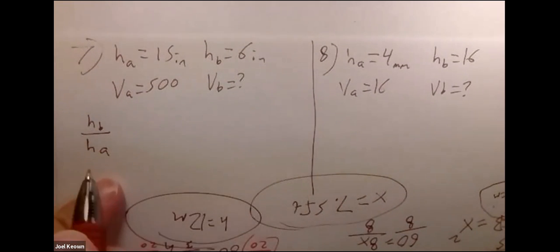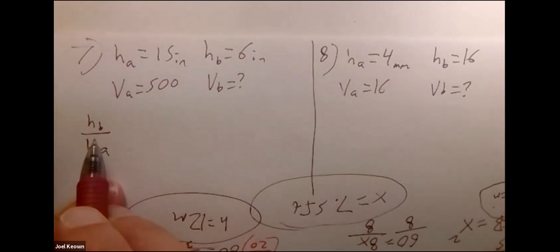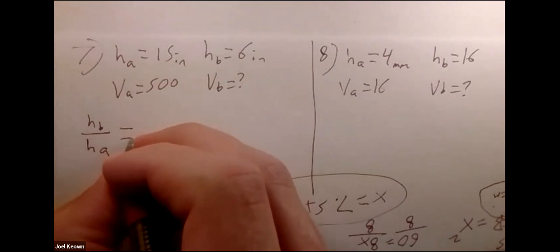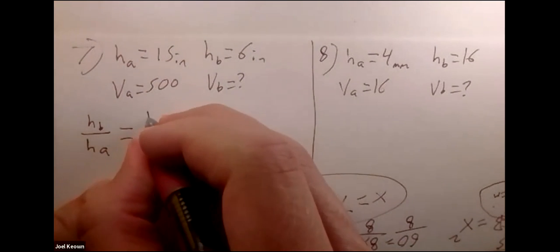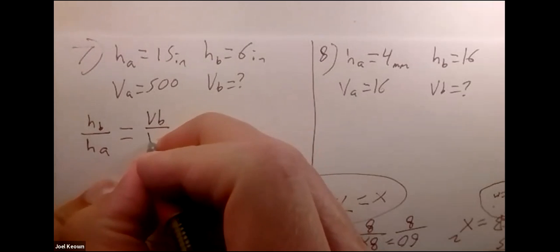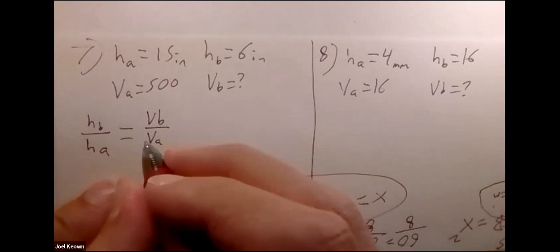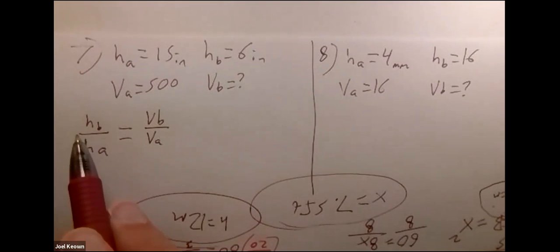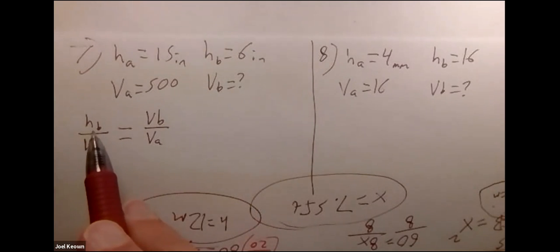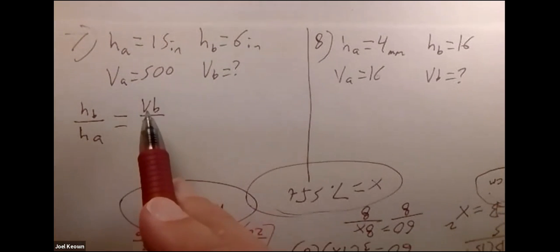And normally I'd have a ratio equals ratio, and that's kind of true here, V of B over V of A. The problem is this is a one-dimensional measurement. This is a three-dimensional measurement.